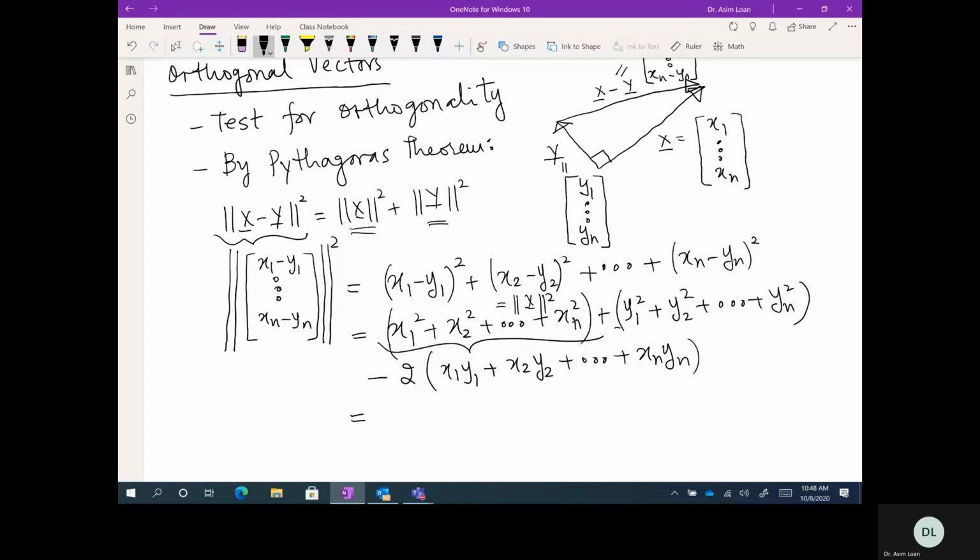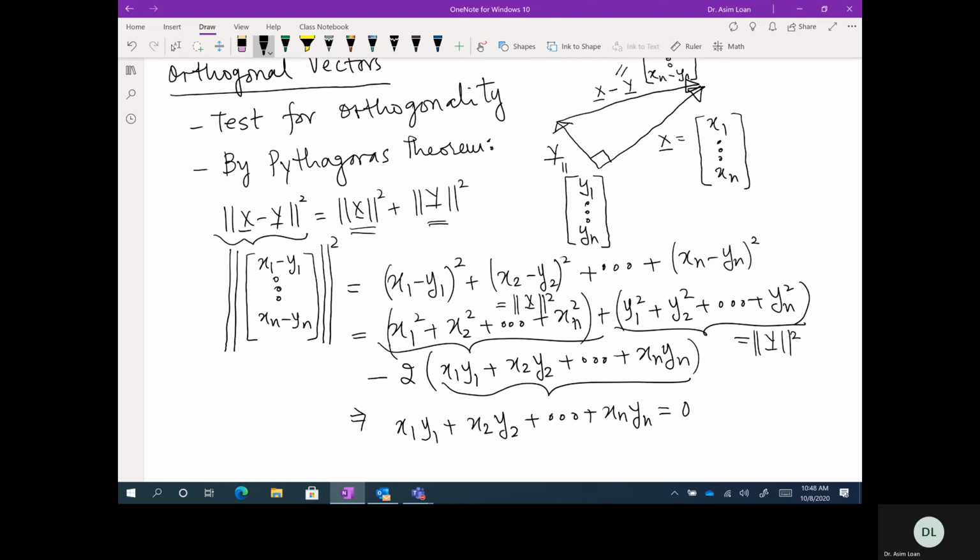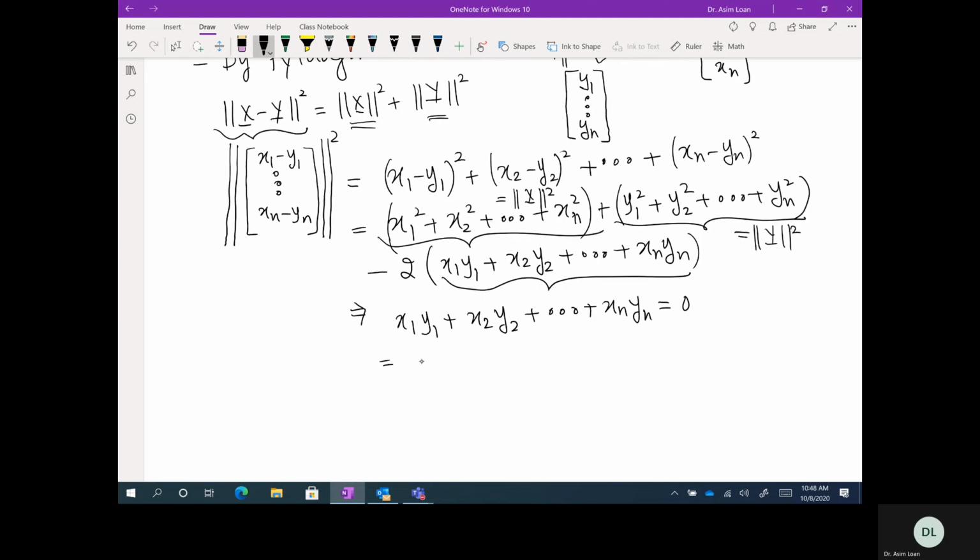So this implies this cross product should be 0. So x1 y1 plus x2 y2 plus up to xn yn has to be equal to 0. But what is this one? This is simply x transpose y equals 0.